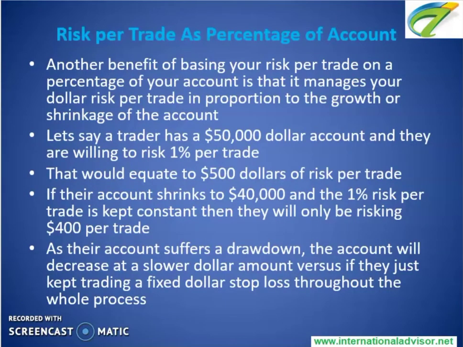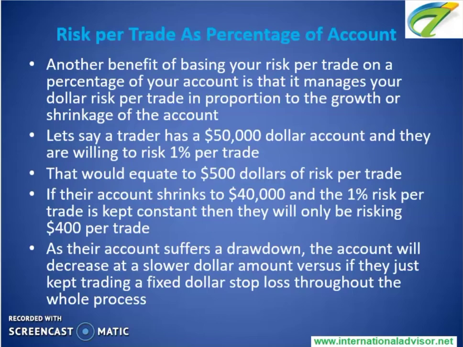Risk per trade as a percentage of account. Now let's discuss this in more detail. Another benefit of basing your risk per trade on a percentage of your account is that it manages your dollar risk per trade in proportion to the growth or shrinkage of the account.